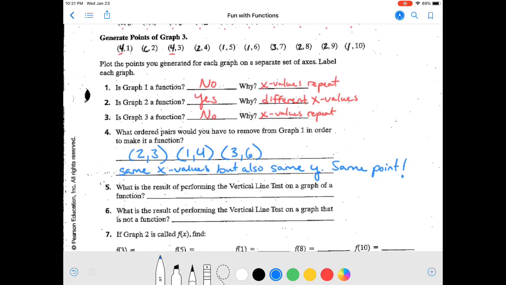Okay, let's look at the next questions, 5 and 6. These are a review of what we talked about yesterday. So what is the result of performing a vertical line test on a graph of a function? If it's a function, the vertical line test only goes through one point.